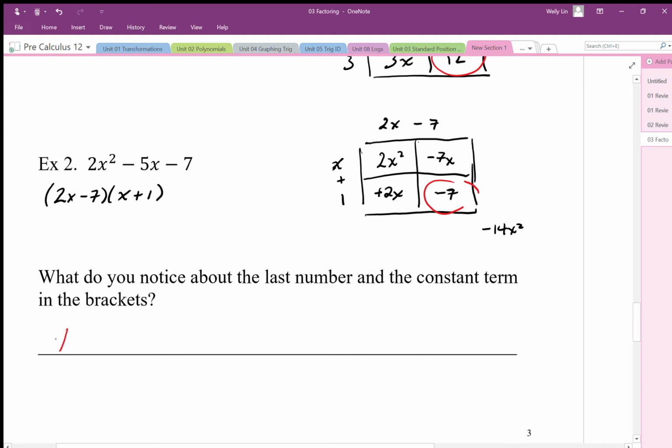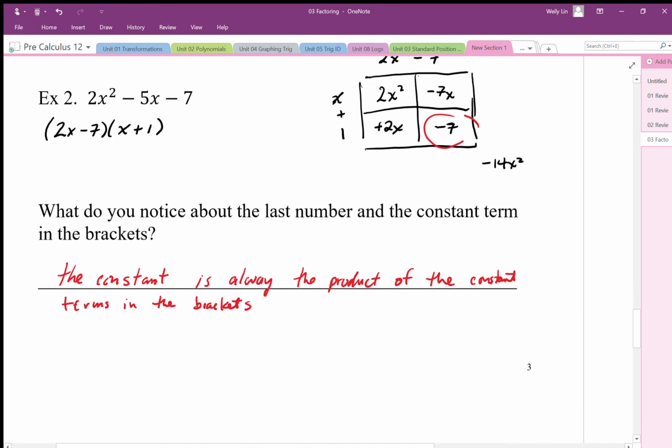So the constant is always a product of the constants in the brackets. Okay, so it's always the product of the constant terms in the brackets.